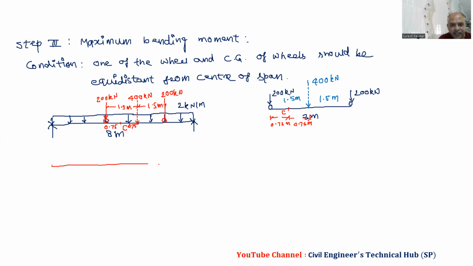So I will put only the resultant and replace the other loads so that you will understand exactly what we have to go for. So we have this as 2 kilonewton per meter.